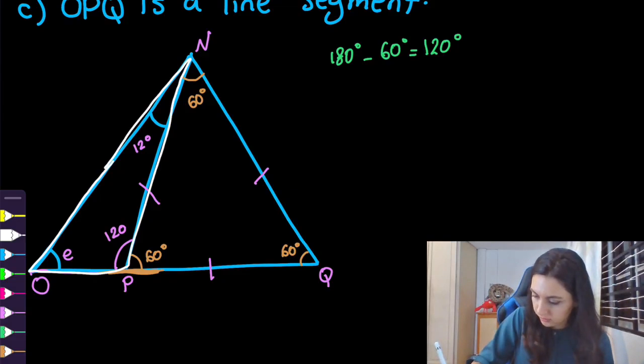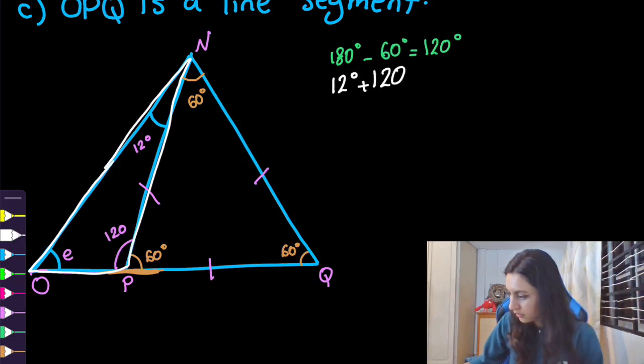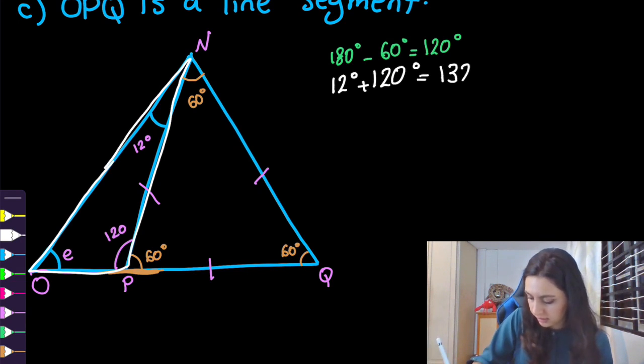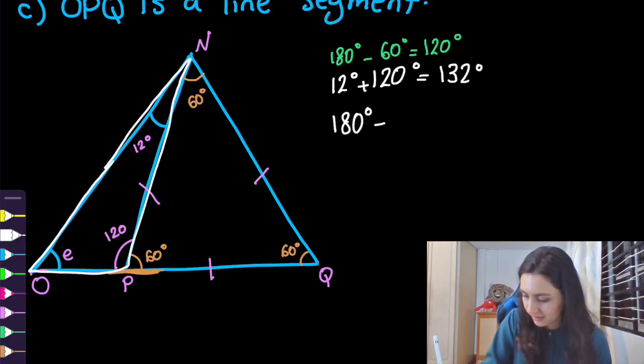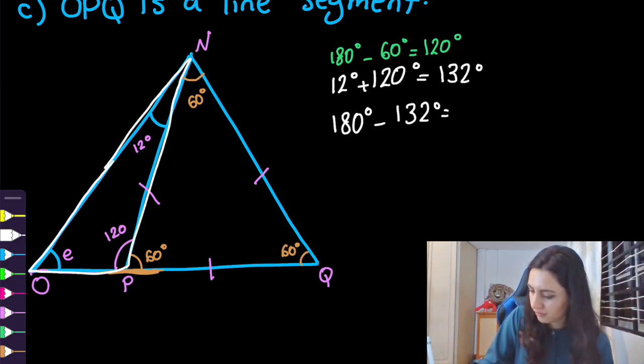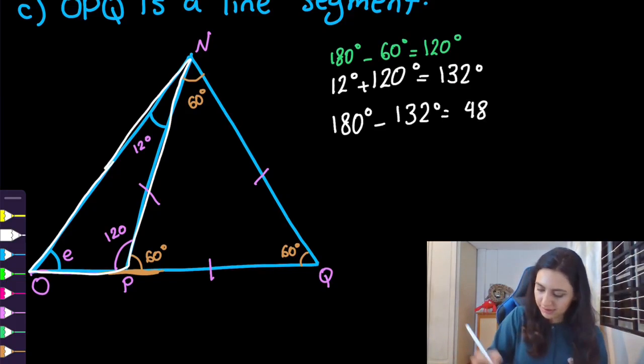We say 12 degrees plus 120 degrees, which is 132 degrees, and the total for the angles is 180 minus 132 degrees, which gives us 48 degrees.